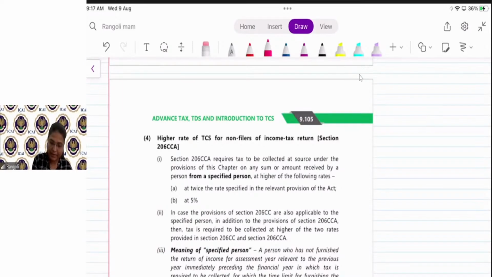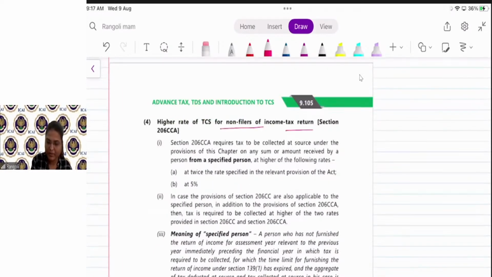Again, a higher rate of TCS for non-filer of income tax return. It is the same provision we discussed under section 206AB earlier.